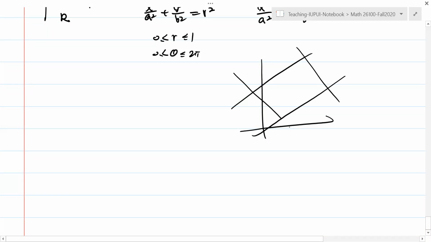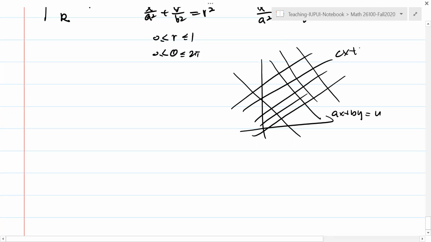Another type of region to pay attention to is a rectangle determined by two pairs of parallel lines. Okay, not a rectangle, it's a parallelogram. This one is a family of ax plus by equals u, and cx plus dy equals v.